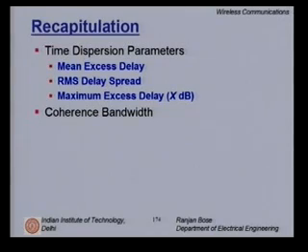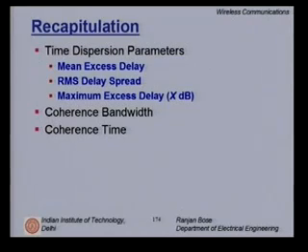We also learnt last time about coherence bandwidth. How broad or wide is the channel bandwidth with respect to the signal makes a difference in terms of fading. We learnt last time that if two signals are separated by more than the coherence bandwidth, they fade independently.